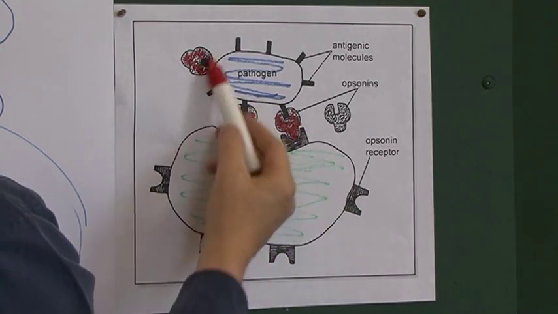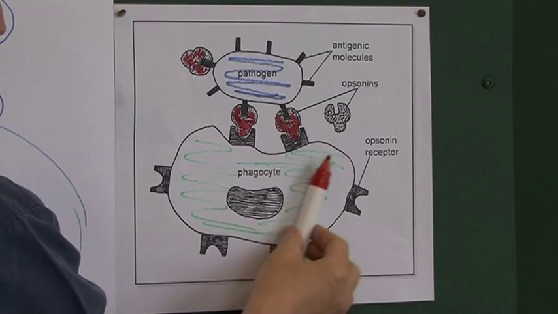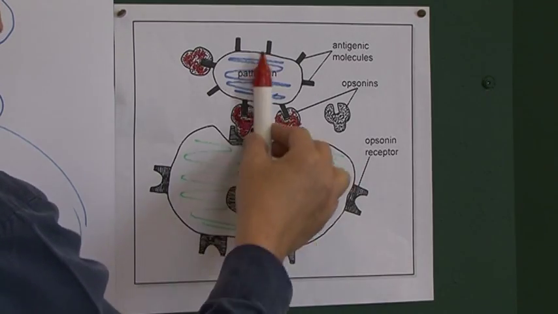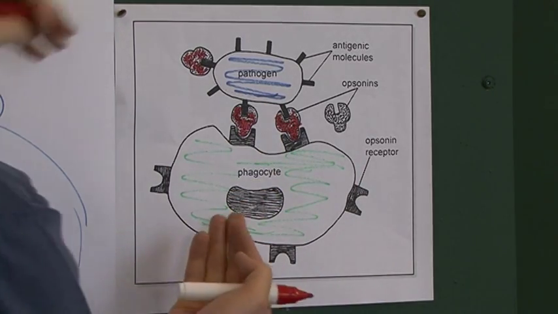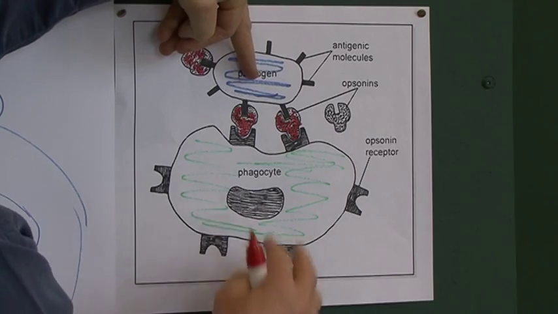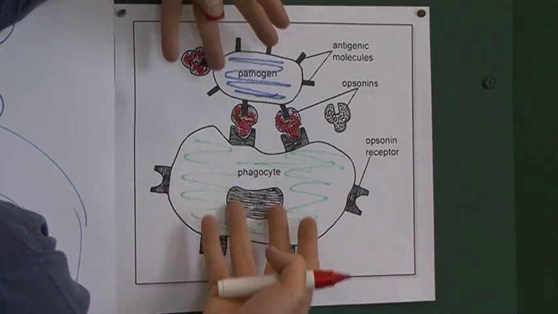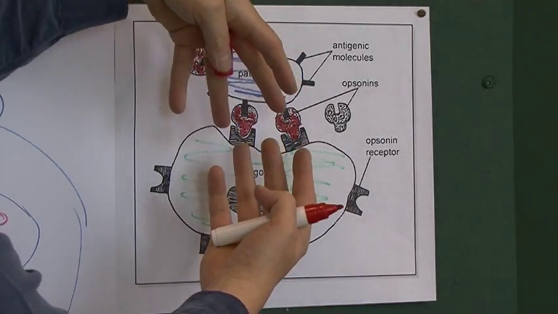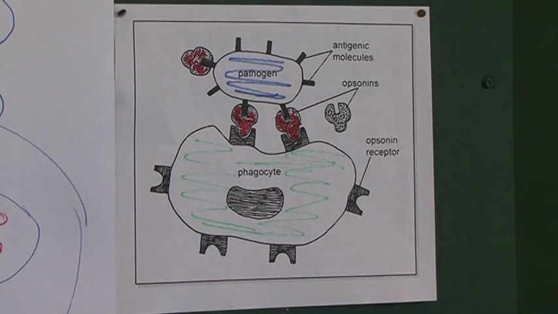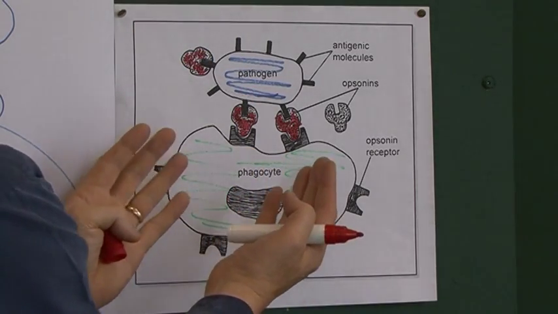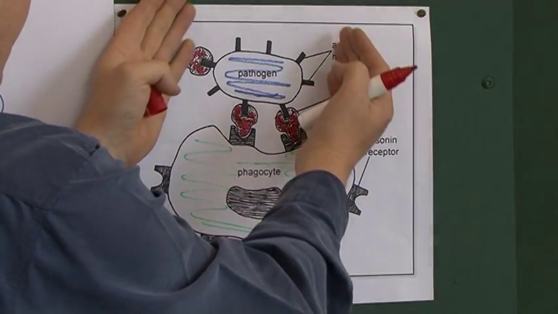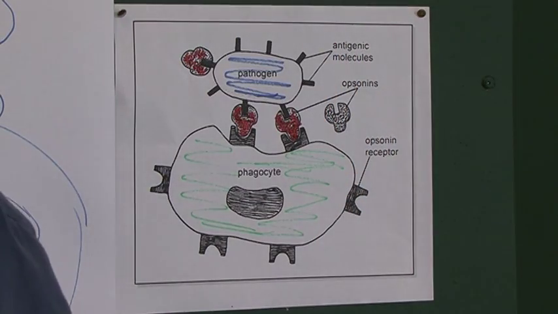on the surface of the bacteria allow the phagocyte also to stick onto it. They're like a bridge, if you like, gluing the bacteria to the phagocyte. It glues them together. They've been opsonized. And that means it's very much easier for the phagocyte to keep hold of the bacteria where it can ingest it.